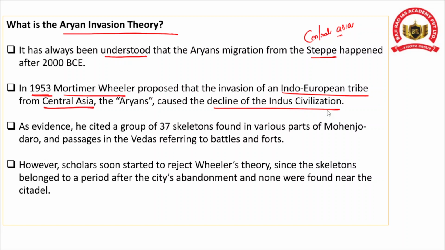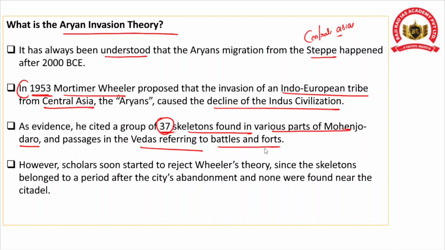When it comes to the evidence for this, he cited a group of 37 skeletons found in various parts of Mohenjo-daro. Mohenjo-daro is a city in the Indus Valley civilization, a very important city that can be called the nerve center of the civilization. He also cited passages in the Vedas referring to battles and forts.